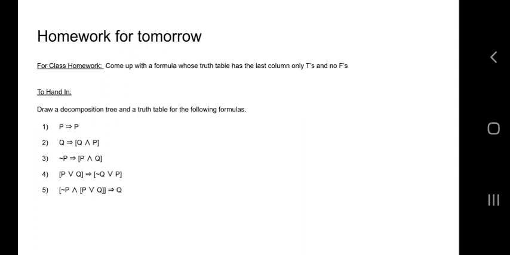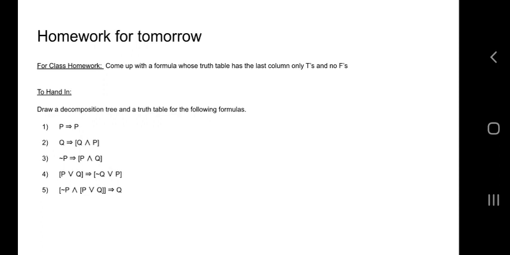Okay, so here is your homework for tomorrow. The in-class homework: come up with a formula whose truth table has the last column only T's and no F's. In other words, this formula is true no matter what. No matter what the truth value of each of the variables is, no matter what combination of truth values, the formula is always true in every situation.